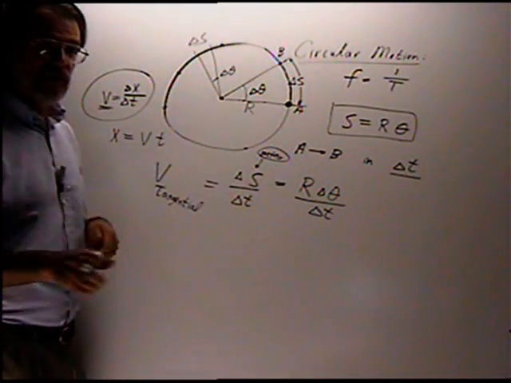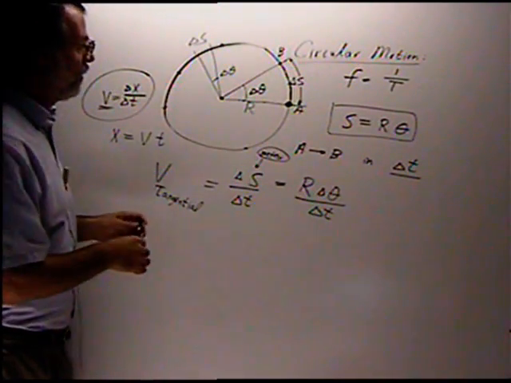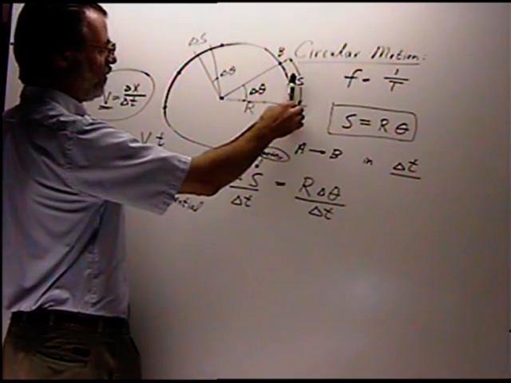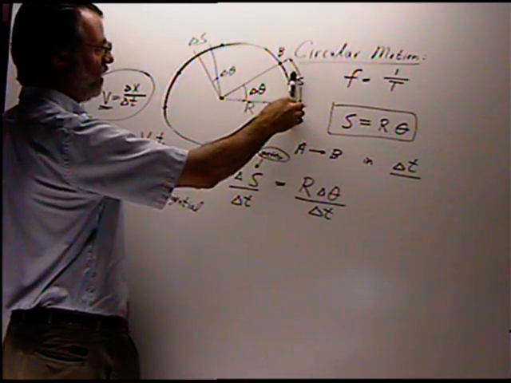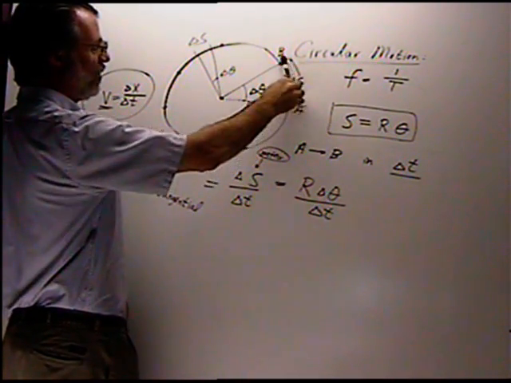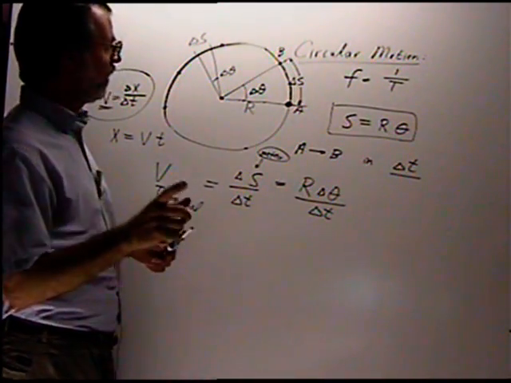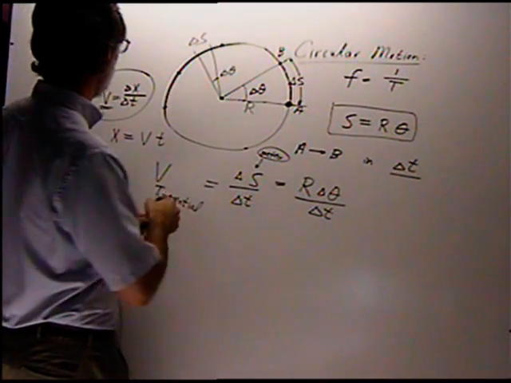Why do we give it the term tangential? We give it the term tangential because it's at the tangent, at the end of the string, and the rock is flying tangential to the string. Let me illustrate one little thing.